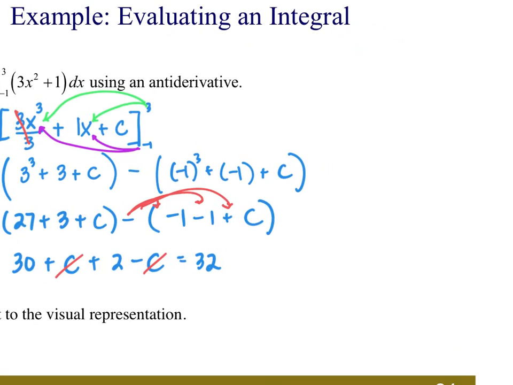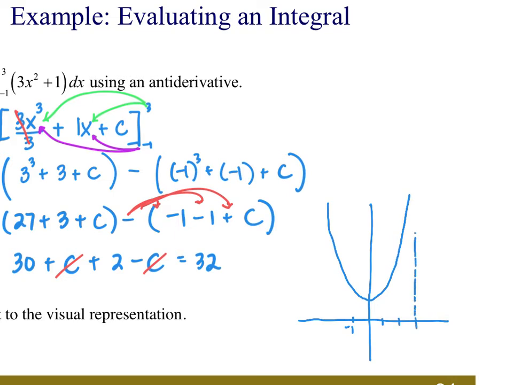It means if you drew a picture of this and you had your parabola, and your parabola looks like this, and on the parabola you went from -1 to 3, and you shaded in that area within that parabola, that this whole area would have a value of 32.